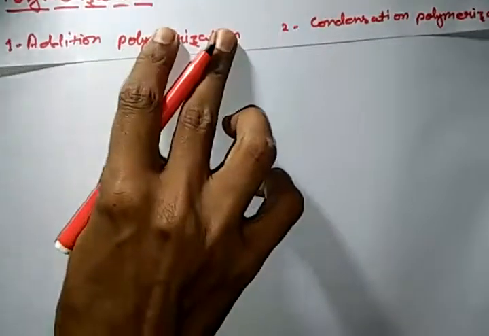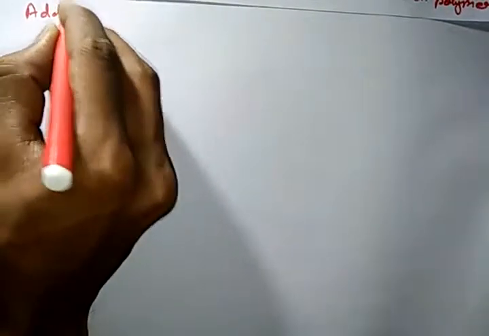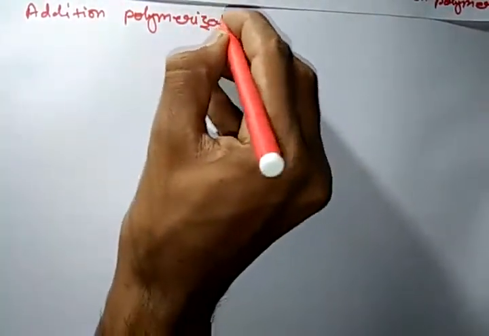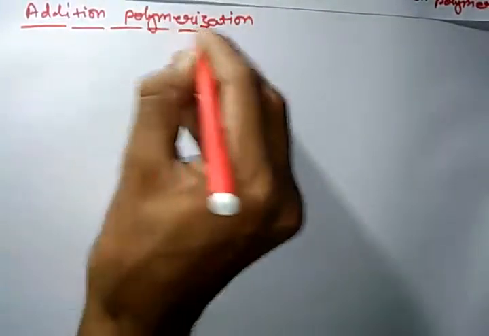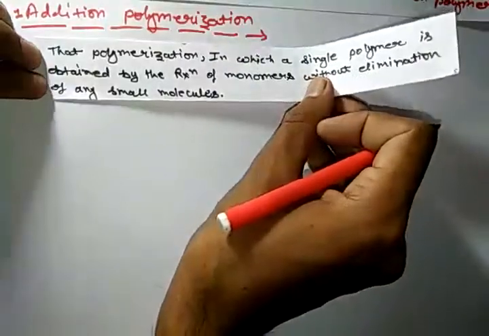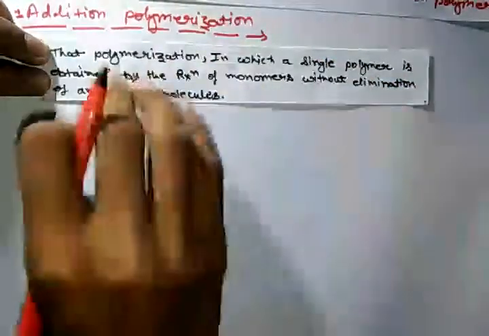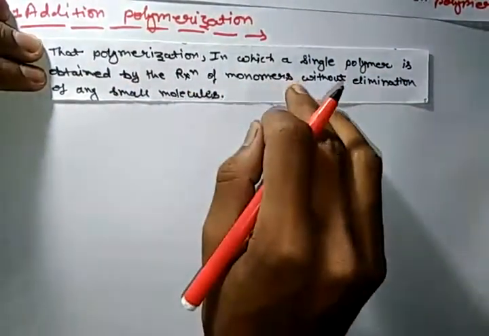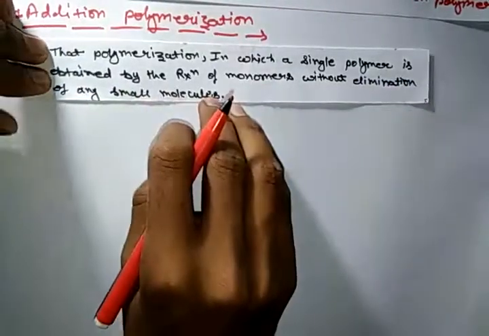So first we discuss addition polymerization. The key idea is that it is a polymerization in which a single polymer is obtained by the reaction of monomers without elimination of any small molecules.